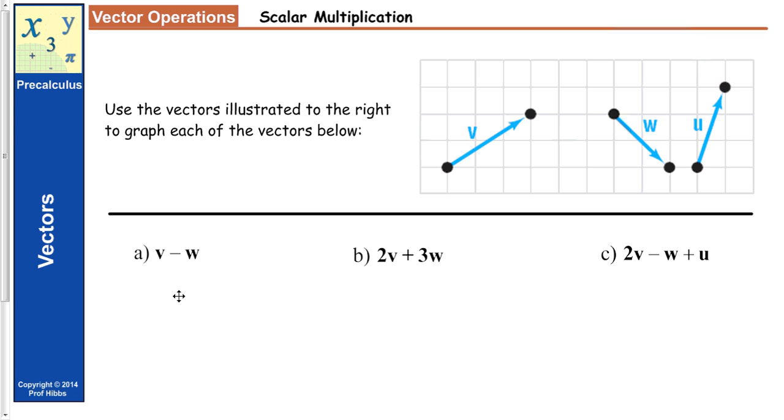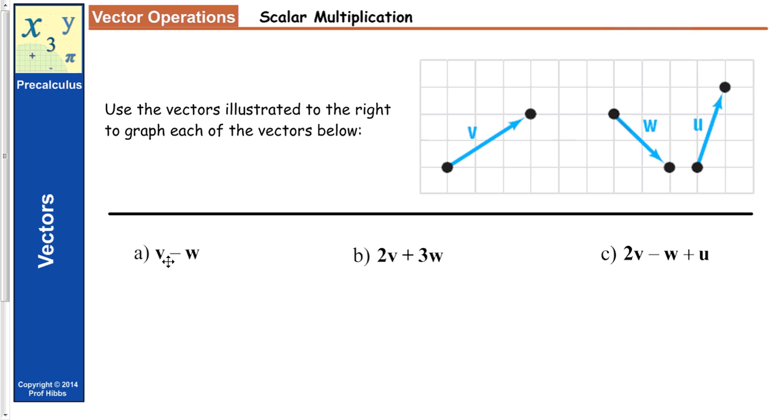So the first thing we want to do is illustrate, draw v minus w, and this is more than scalar multiplication. This is addition, subtraction, scalar multiplication all going together.